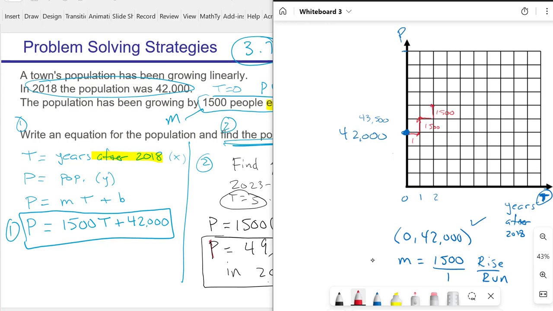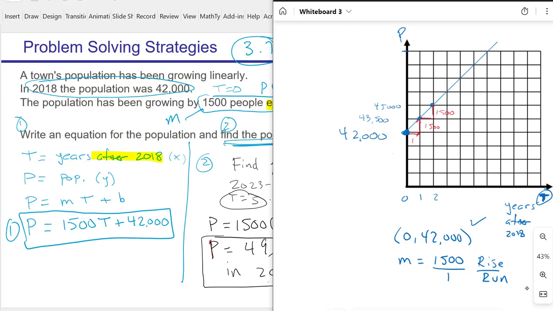So that means from 43,500 I added 1,500. So now I'm up to 45,000. Okay, and I have a line. I'm going to draw a line here and connect the dots. All right, so we got our line.